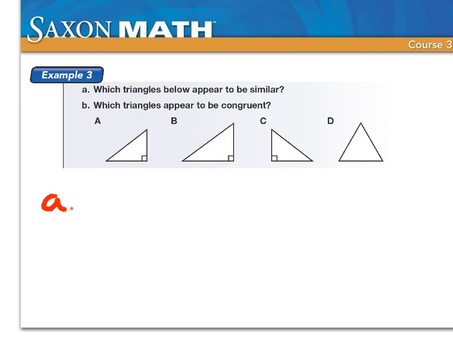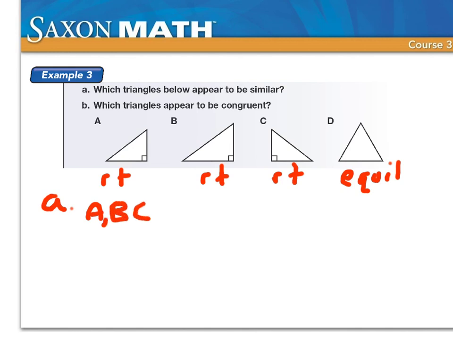These are all right triangles. And this one over here is an equilateral triangle. Well, those are kind of the same shape, but not the exact same shape. They're not exactly the same triangle. So for this one, the triangles that are similar, the exact same shape, are A, B, and C.